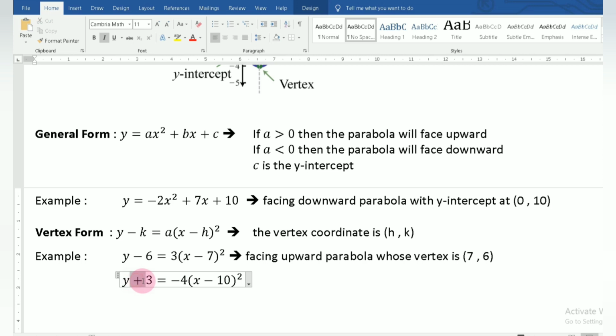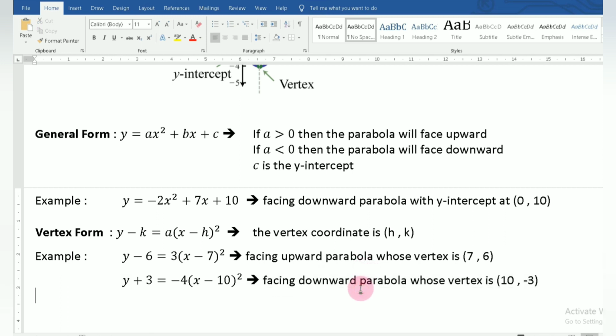Since this is addition, of course, you need to convert it into subtraction, so it will be y minus -3. So in the end, it will be facing downward, a is -4, whose vertex is (10, -3).